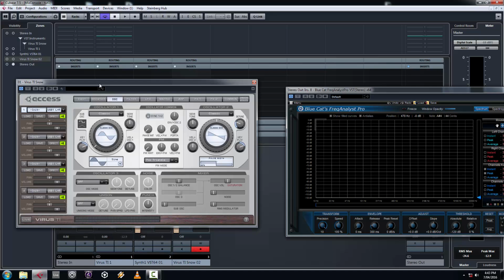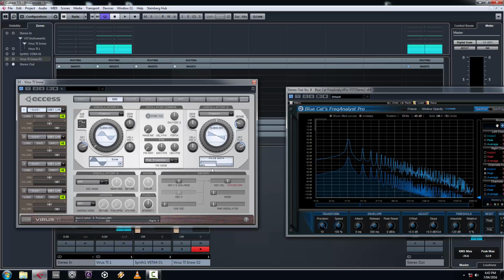All right, if I go with a sine wave here, what we're going to see on this spectrum analyzer is just the one. Oh, hang on. There we go. As you see there, I had it on balance between the two, so we want just the one oscillator.